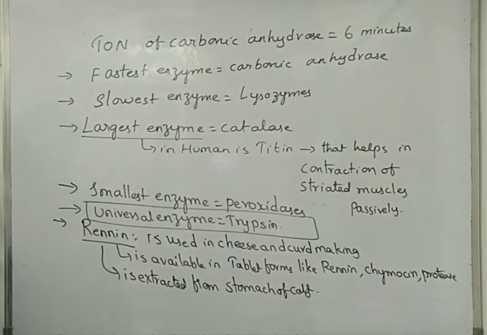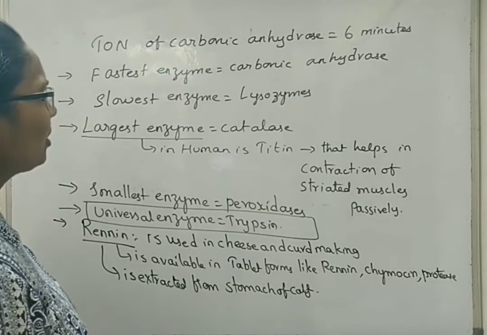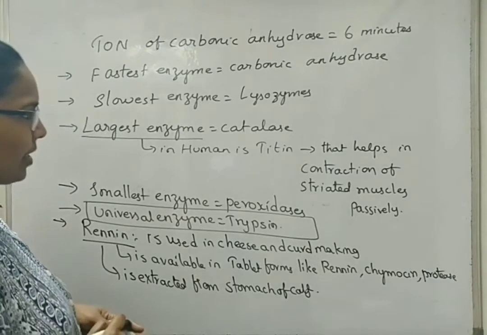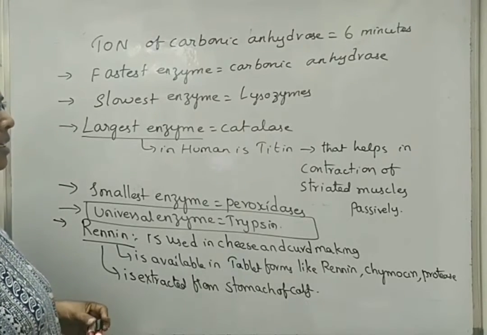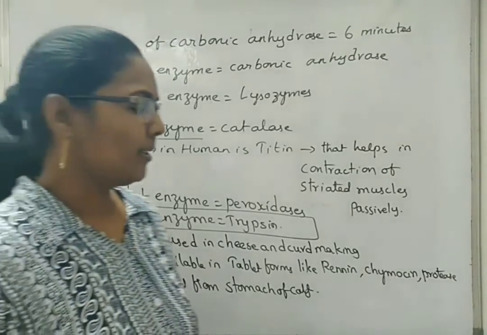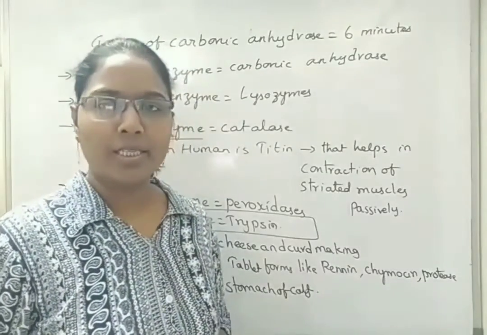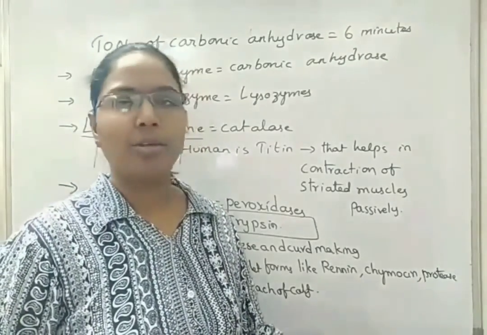So these are the points related to enzymes: different other types of enzymes, their functions, largest, smallest, fastest and slowest types of enzymes. So now we have finished the Michaelis-Menten constant and also whatever extra points are required from this concept. So by this we have finished the biomolecules chapter.